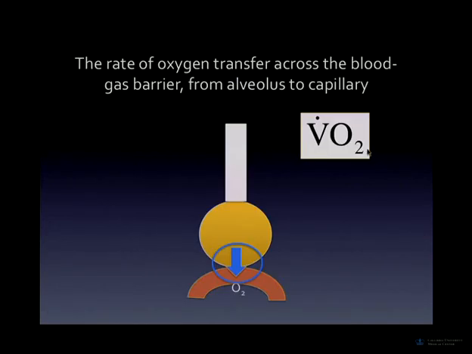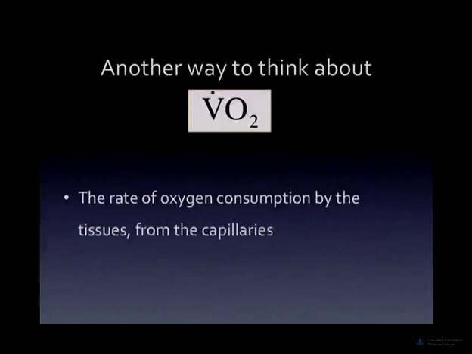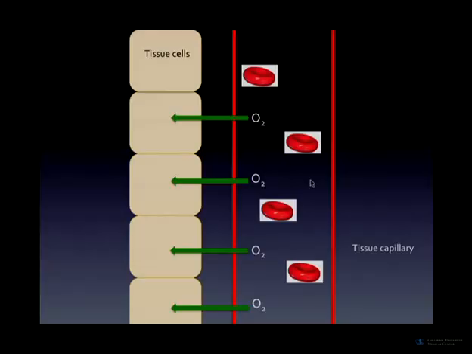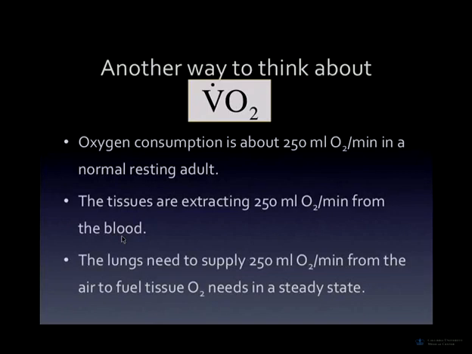Oxygen is different. V dot O2 can be thought of as going in the opposite direction, and when we use this term, we mean transfer from the alveolus into the capillary or uptake by the tissues from the capillaries, the opposite direction. So the tissues are extracting 250 milliliters of oxygen per minute, and that's a normal consumption at rest, both as dissolved oxygen and oxygen bound to hemoglobin from the blood.